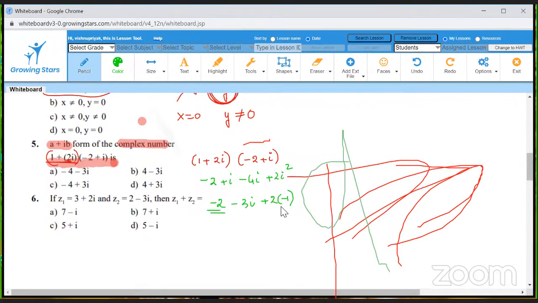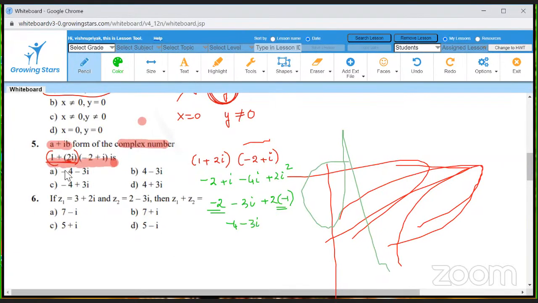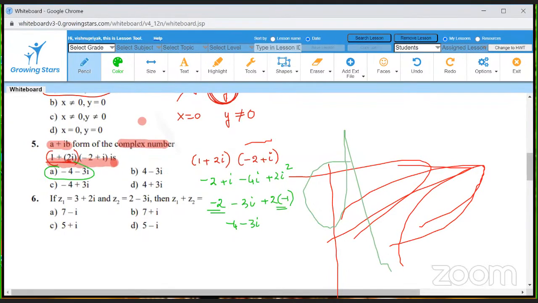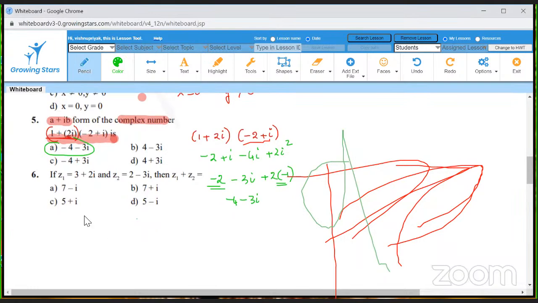So minus 2 will be minus 4 minus 3i. Minus 4 minus 3i is present in option A. Kirtana said A. So that is correct.